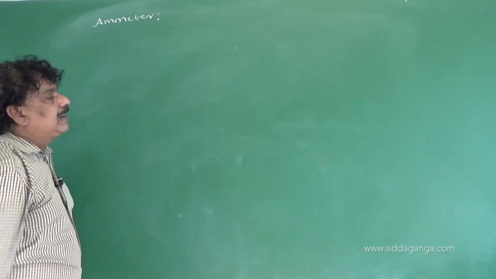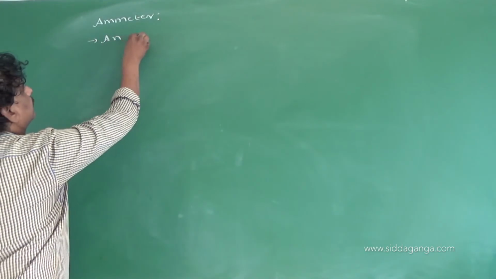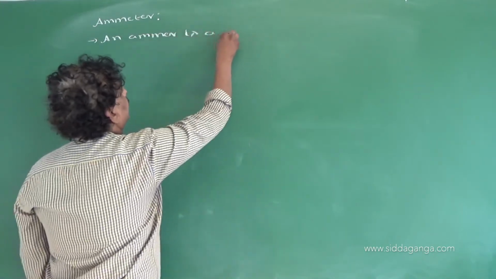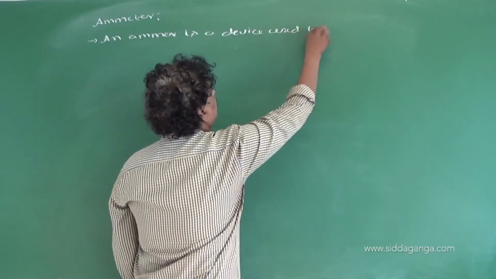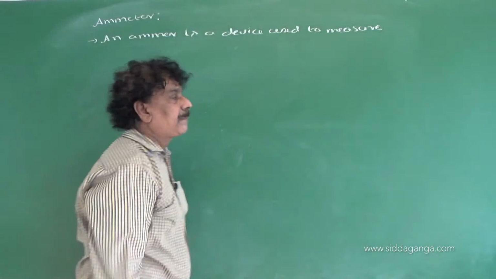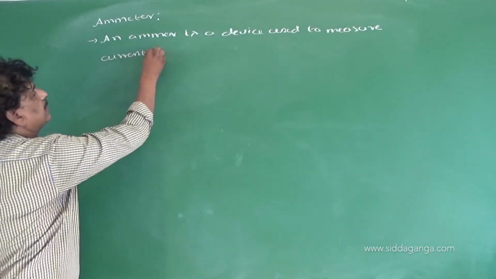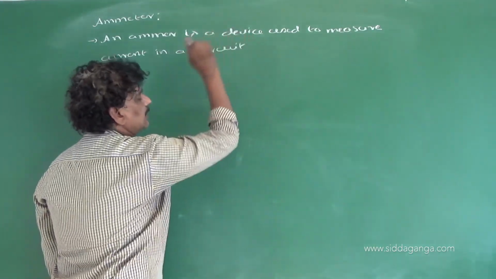Now, an ammeter is a device used to measure current in a circuit.